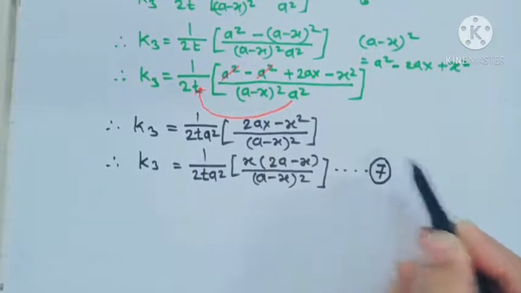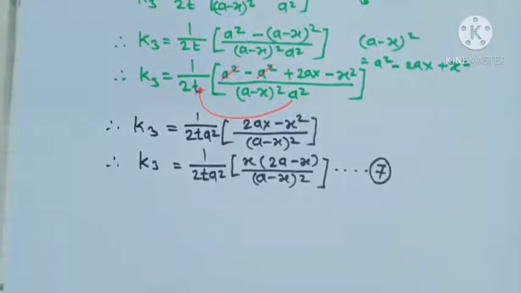So we have equation 7, and this equation 7 gives the equation for rate constant in terms of the concentration of A in the unit moles per liter.